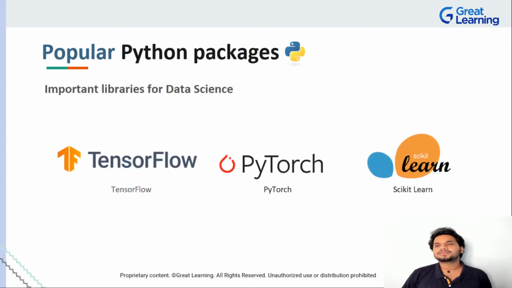Right now, it's not just NumPy, it's not just Pandas that is making Python popular. We have very important libraries that give power to Python, right? We have TensorFlow, PyTorch, and scikit-learn. TensorFlow and PyTorch are basically deep learning libraries and neural network libraries which are very closely associated with us achieving artificial intelligence with Python, right?